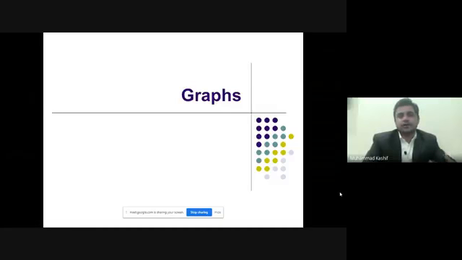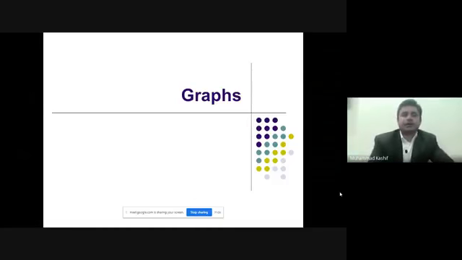So we have seen so many problems related to trees, and our problems are simulated in the form of a tree. So a graph is another advanced form of problem where we can represent our situation in the form of a tree.